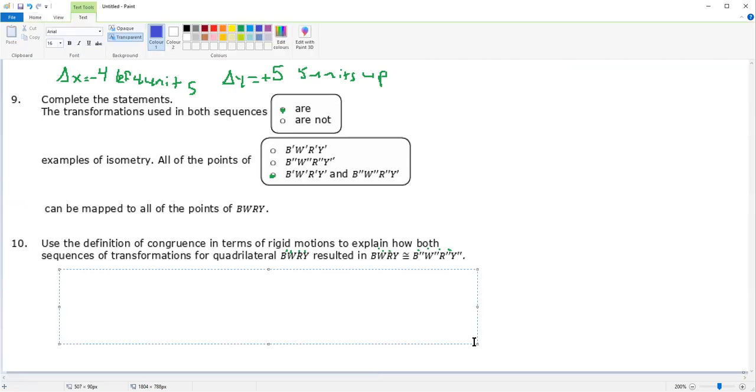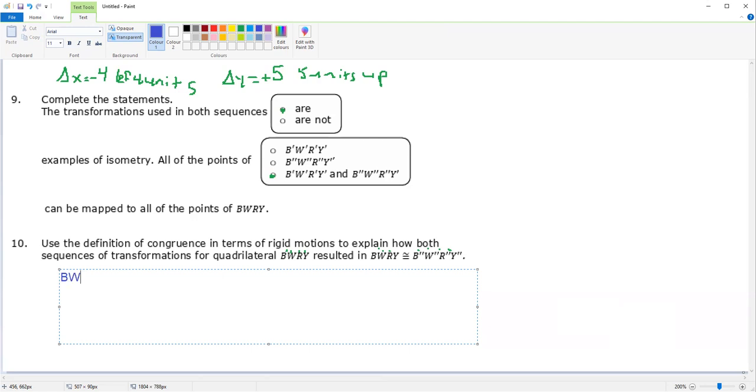Okay. So use the definition of congruence in terms of rigid motions to explain how both sequences of quadrilaterals resulted.